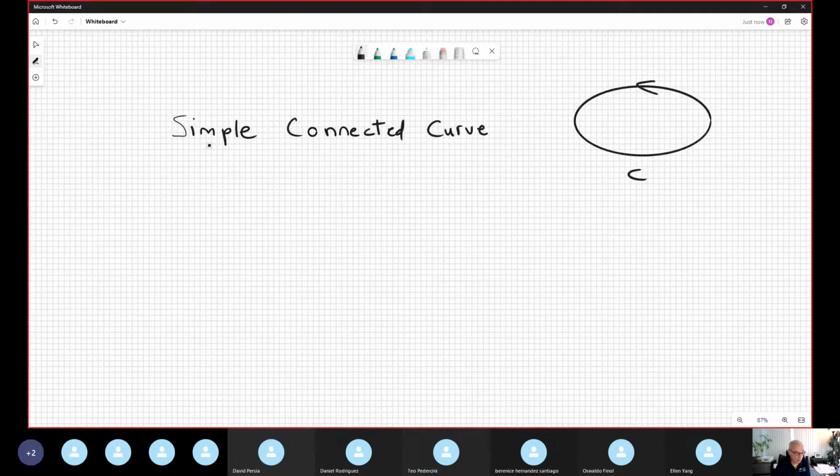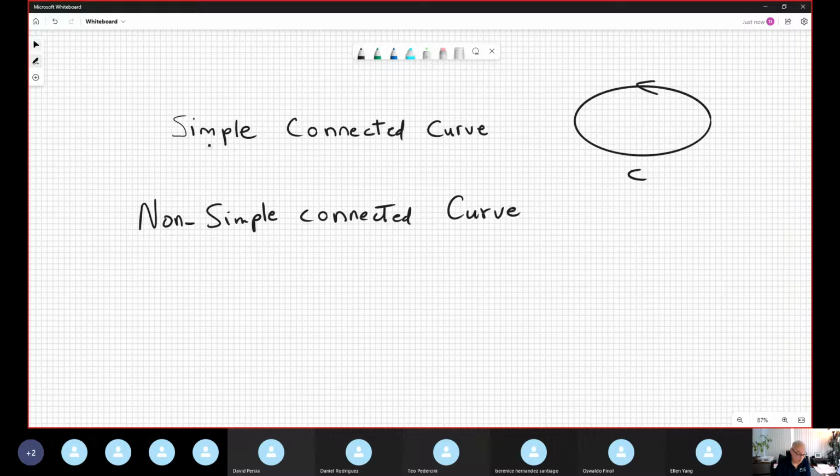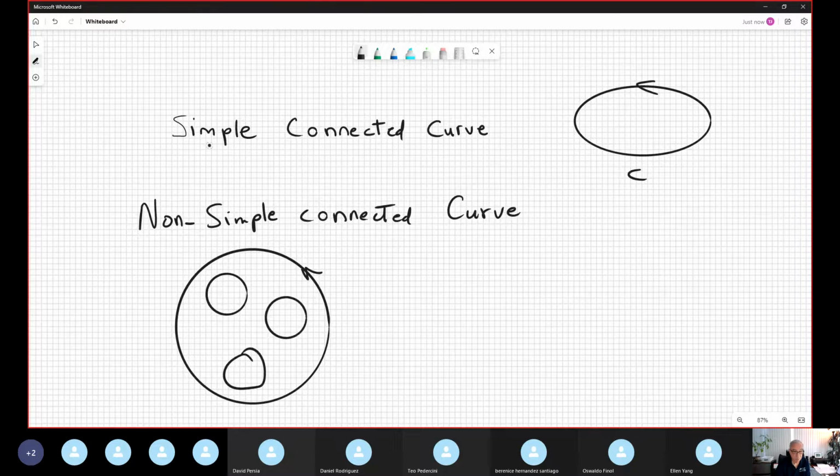However, we also have non-simply connected curves. For example, you have a curve and you have another curve inside. You have C1, C2, C3, C4. And can we apply Green's theorem?